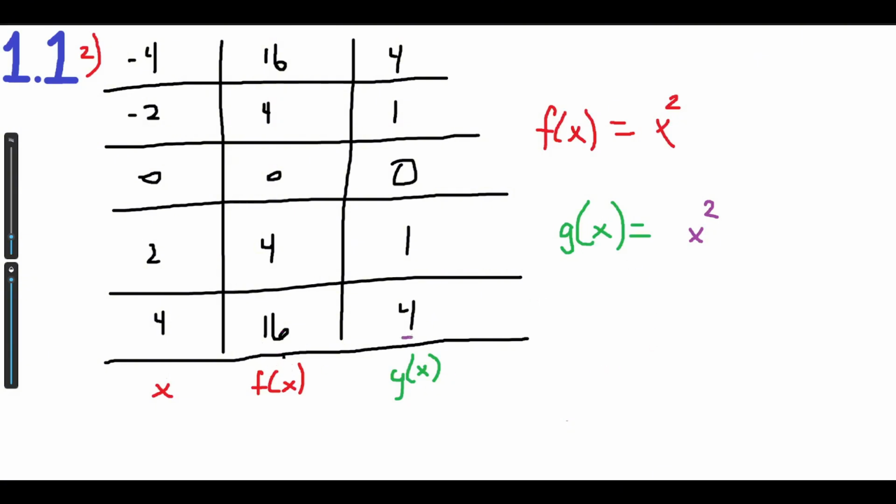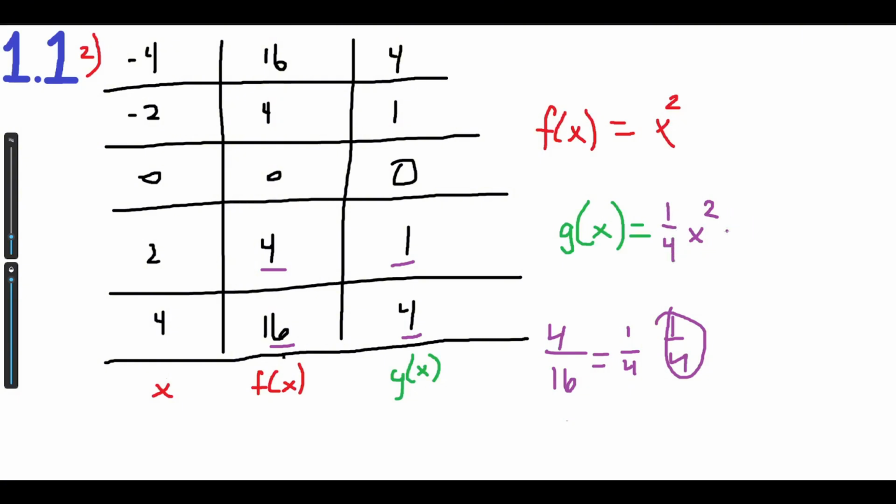So we can go 4 over 16, which comes out to 1 over 4 when you simplify the fraction. And then we can also go 1 over 4, which is just 1 over 4. So getting that, we get our transformation, which gives us 1/4 x squared.